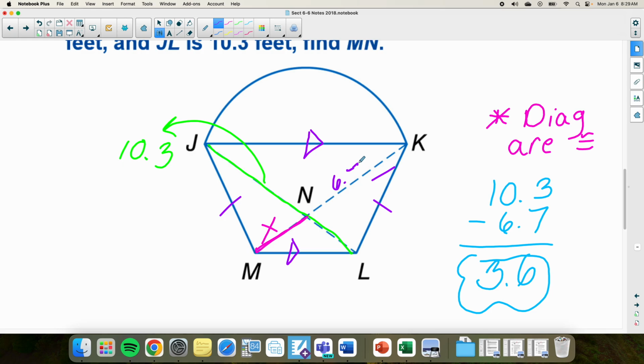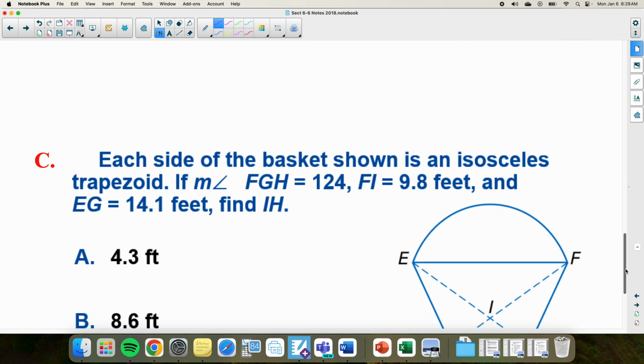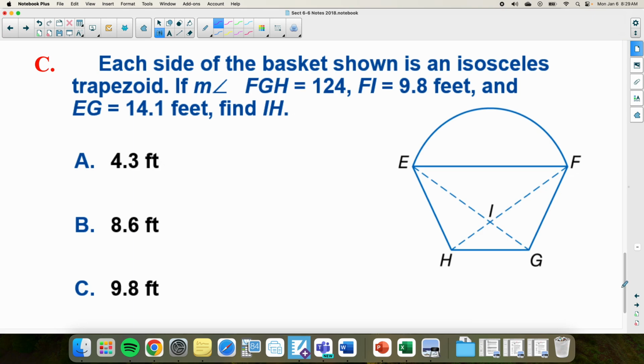All right. So now, let's go here. So this again, we have an isosceles trapezoid. So these would be our parallel sides. These would be our congruent sides. And then they tell us that this one we're trying to find a length again.